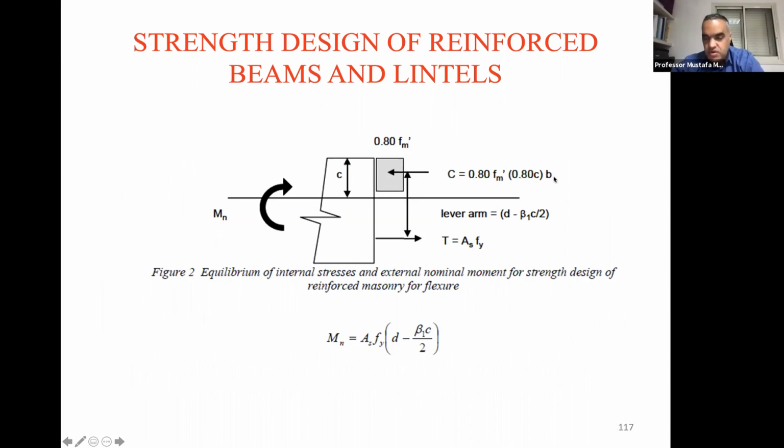This is similar to concrete, right? T equals As times fy. The moment capacity is equal to As fy (d minus beta 1 c over 2). We all know this equation from concrete, correct?